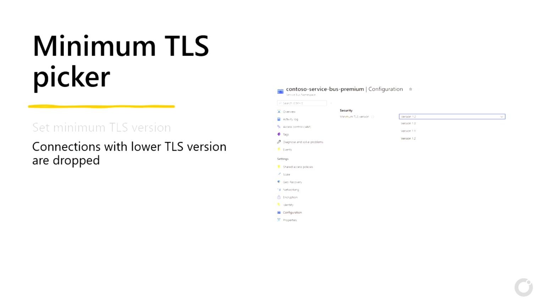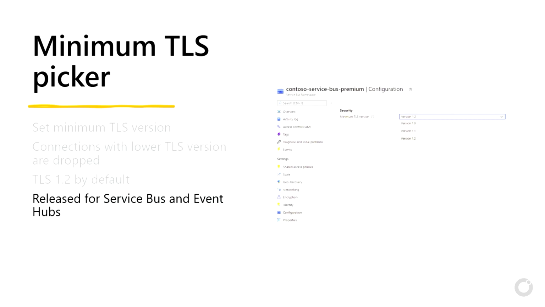This is one of the first checks we do. So this makes sure that you won't get this connection established anymore. And if you create a namespace now, it will be TLS 1.2 by default. So you will get this out of the box, you will be moved from 1.0 to 1.2, because we think that you need to be on the latest TLS. And only if you yourself want to, you can bring this to lower.